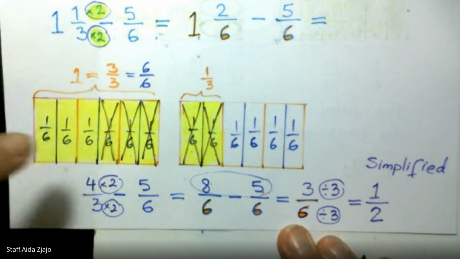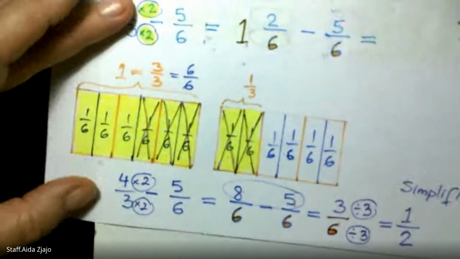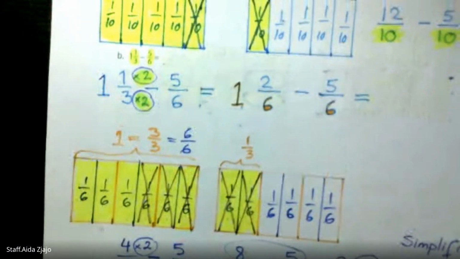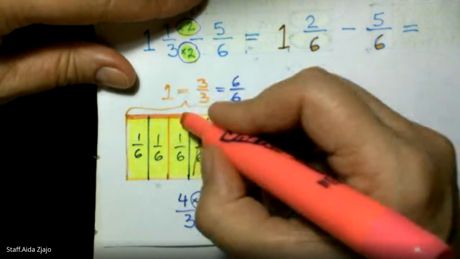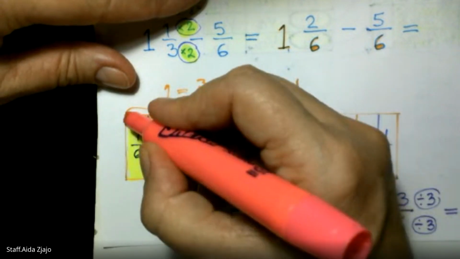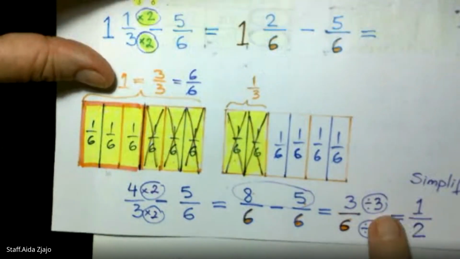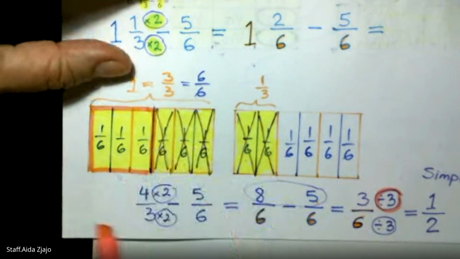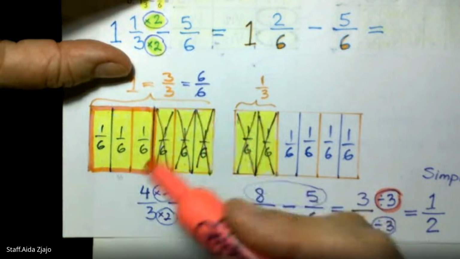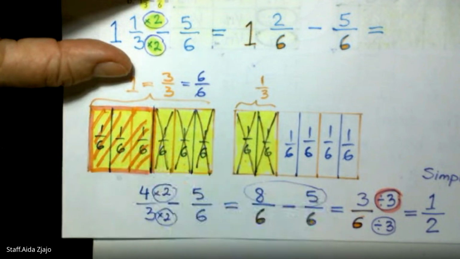How we can show this in a picture is this. If we have 3 pieces that are left, 3/6 of the whole, we have these 3, and dividing is the opposite when you are doing it in a picture. You divide by 3, but in reality you are combining these 3 to make a bigger piece, to make this piece.